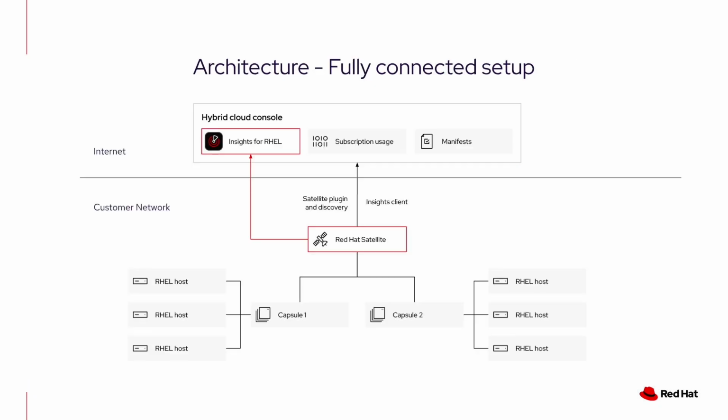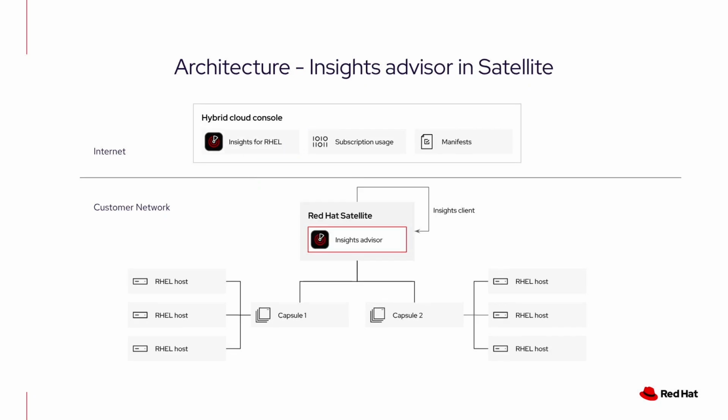So here's a diagram of the connected version. You can see RHEL host, Satellite, Insights for RHEL up in the cloud. Versus the new version: RHEL host, Satellite brings it back into the advisor that's running right in the Satellite. No connection at all to the cloud console. One thing, though, is that we are severing the connection.